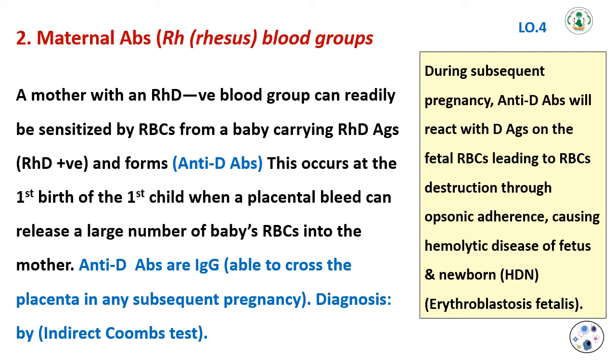Diagnosis by indirect Coombs test. During a subsequent pregnancy, anti-D antibody will react with D antigen on the fetal RBCs, leading to RBC destruction through opsonic adherence, causing hemolytic disease of the fetus and newborn, HDN, erythroblastosis fetalis. In this disease, IgG from the mother crosses the placenta, targeting the fetal RBCs for destruction.